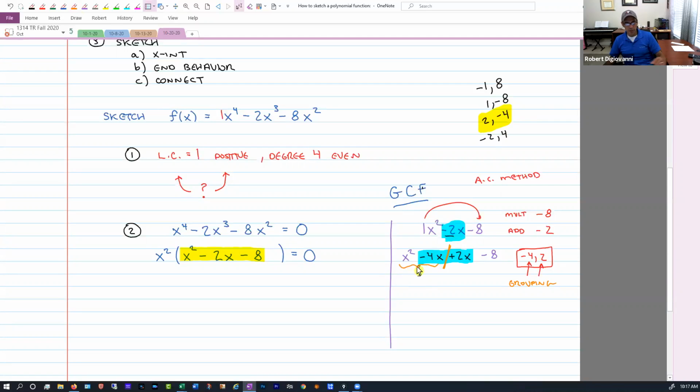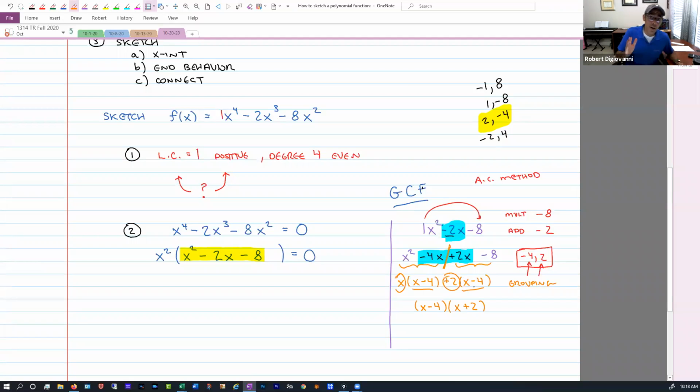Out of these two, what they both have in common is an x. You're left with x minus 4. And in the second two, you can pull out a +2, and you're left with x minus 4. Since they both have x minus 4, you just write down x minus 4, and then the two things in front, you put in its own parenthesis.